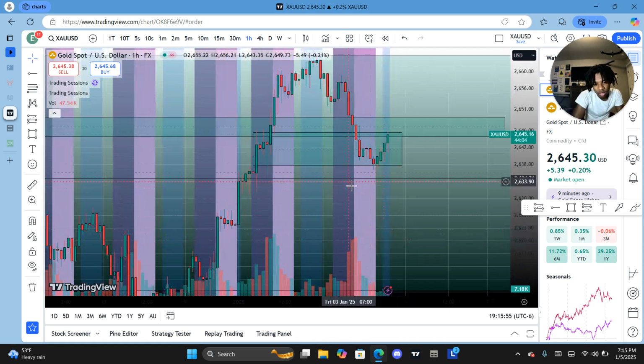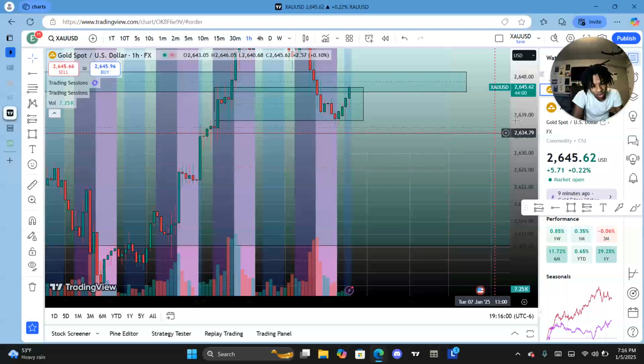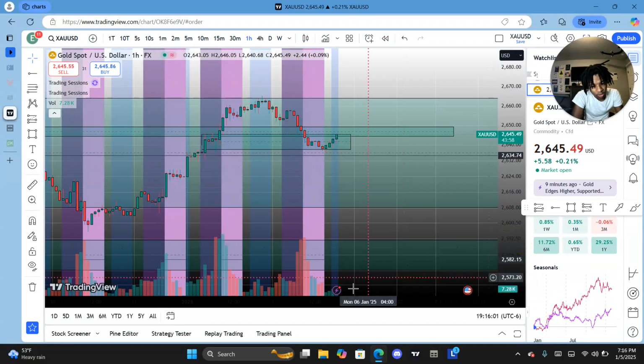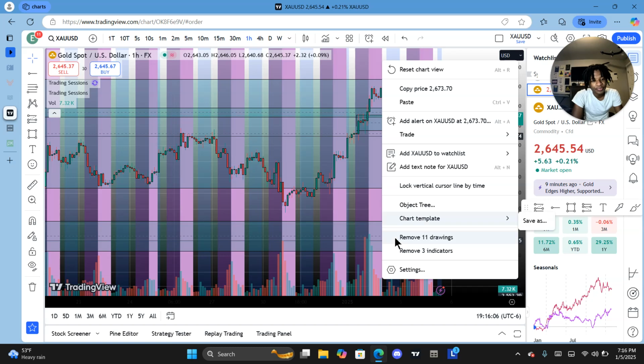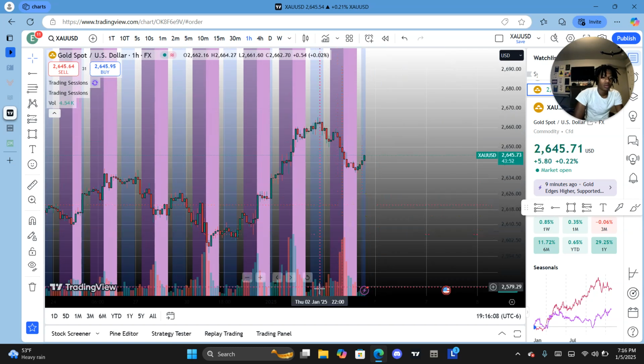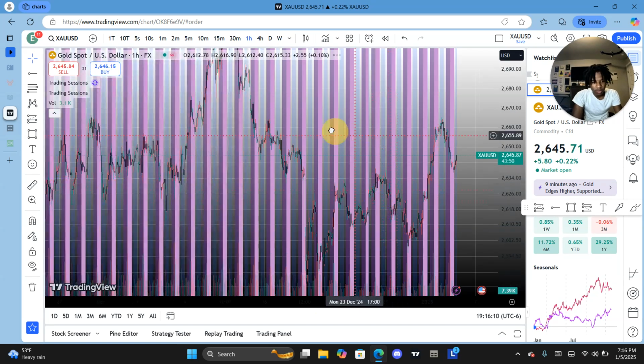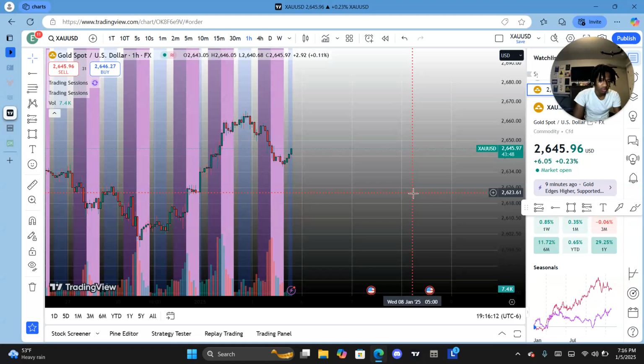So we might be at the beginning of a sell-off point, or it might just be a little correction within the market, and that little correction might make or break gold, right?